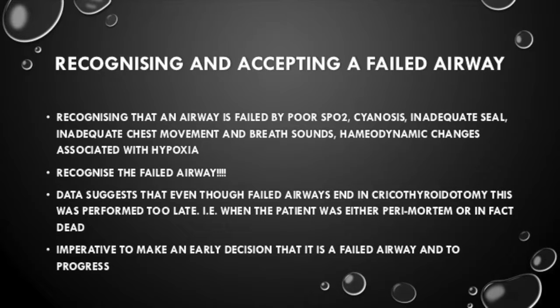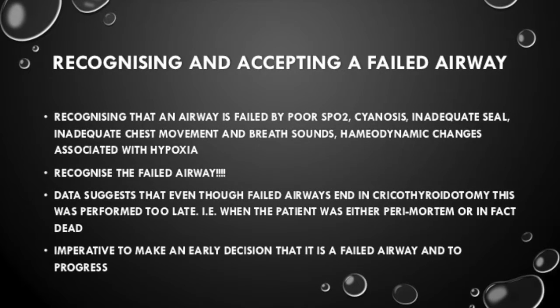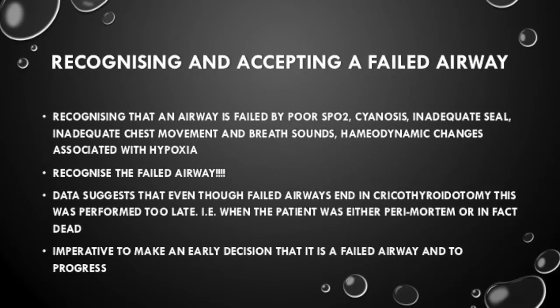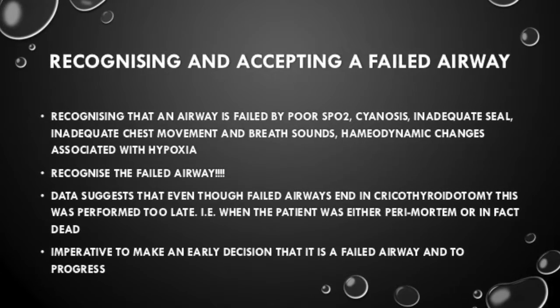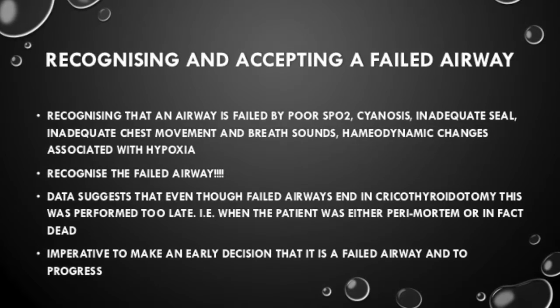In the context of imminently falling or persistently low oxygen, a can't intubate, can't oxygenate event is declared following unsuccessful endotracheal intubation, unsuccessful face mask ventilation with OP or NPA, and unsuccessful supraglottic devices.